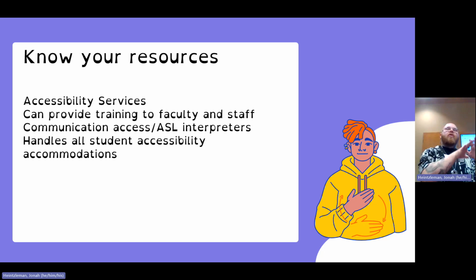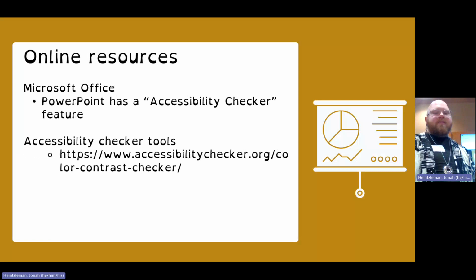So for people hosting events or professors teaching classes, students can request ASL interpreters, and then the accessibility office will provide those, or event planners can request an interpreter and pay for one ahead of time without someone requesting, which is really cool. And as I said, they handle all student accessibility accommodations.